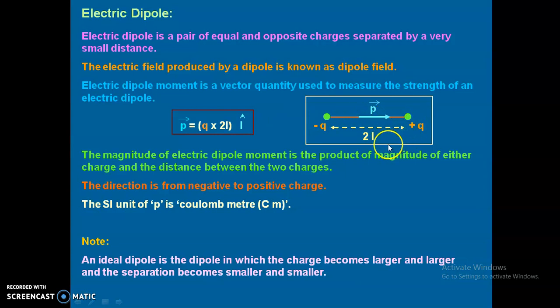And the second position will be the equatorial line. Equatorial line will be what? The line which is the perpendicular bisector of the dipole length. It means this kind of line will be the equatorial line.